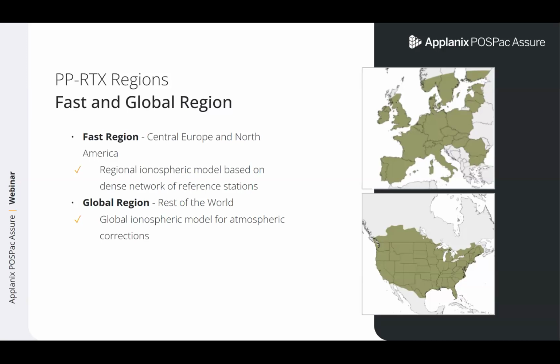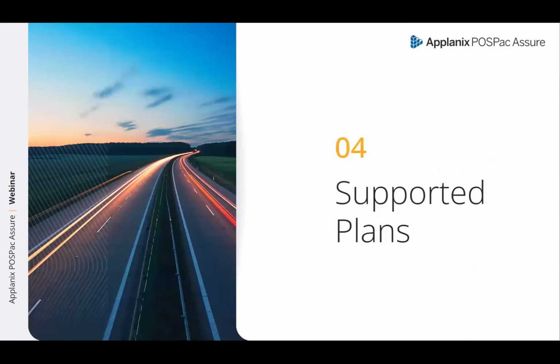And that's really fast enough in the global region to get a decent solution. The assumption, however, is that we really leverage all of the signals and satellites, specifically the BeiDou 3 generation signals. They are very important to improve the convergence time for the PPRTX mode in the global region.